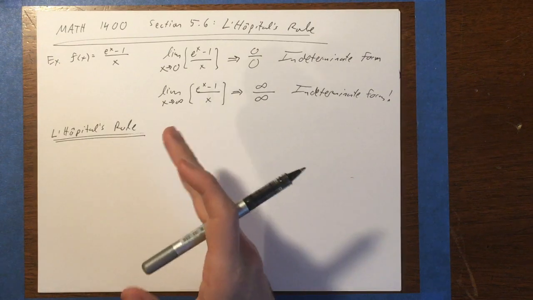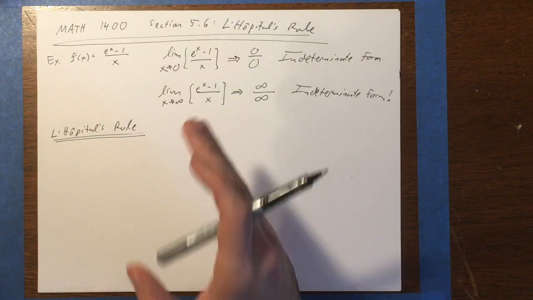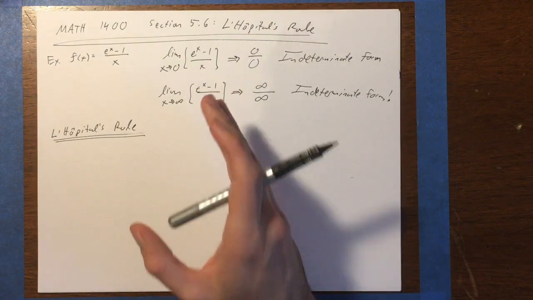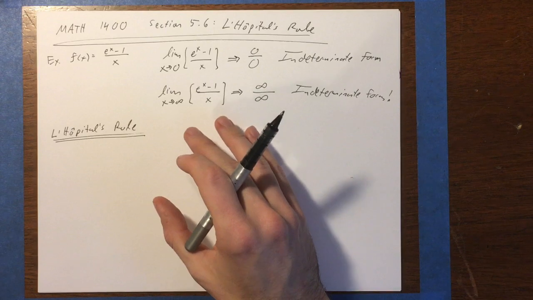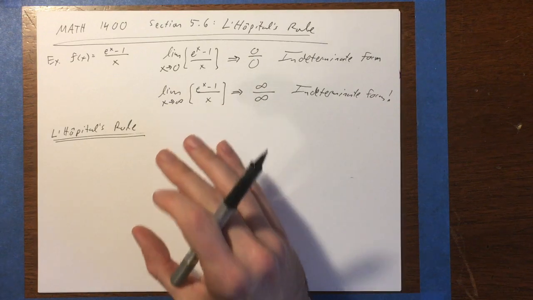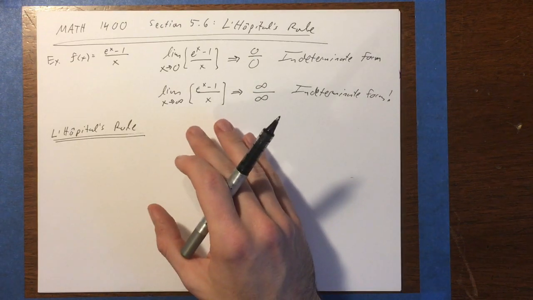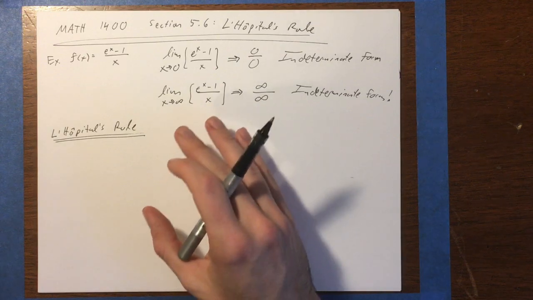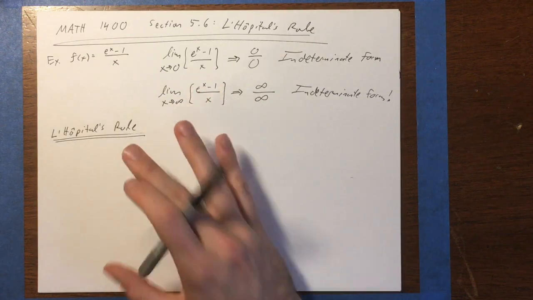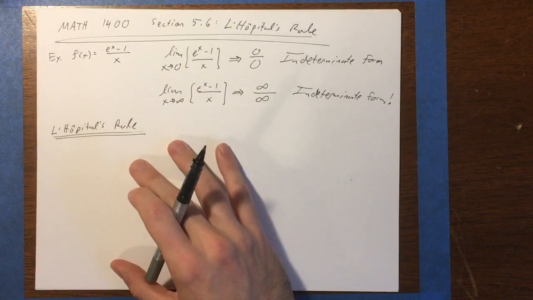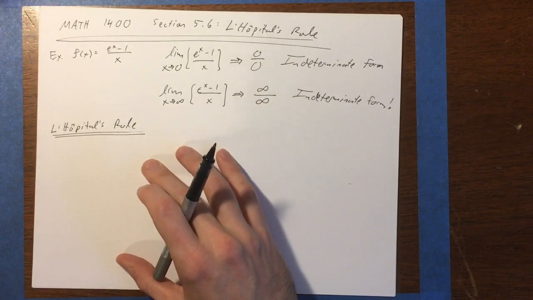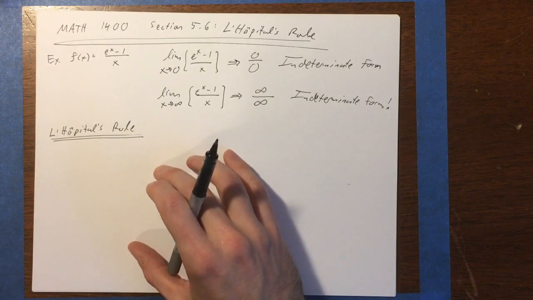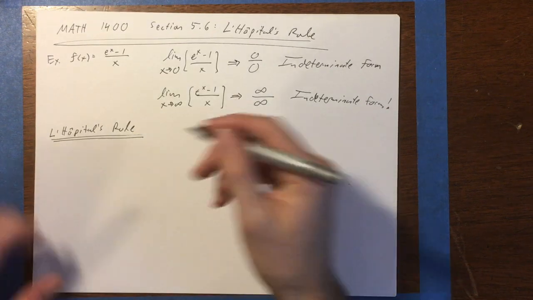But during the time that Bernoulli was working for L'Hopital, Bernoulli figured out this theorem. Bernoulli figured out this thing about limits and derivatives and proved it. But because Bernoulli was working for L'Hopital, and L'Hopital published the textbook under his own name, this went down in history as L'Hopital's rule, because it was first seen in L'Hopital's calculus textbook, despite the fact that it was actually discovered and proved by Bernoulli.